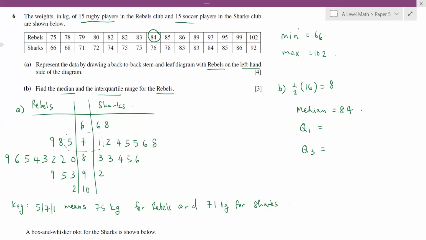This is the median, so excluding the median, this is the middle of the data values. So Q1 is 80, and excluding the median, we look at this part here, the middle data value is 93. So Q3 is 93. The interquartile range is the difference between Q3 and Q1. We have 93 minus 80. Then the interquartile range is 13. And they are all in terms of kilograms.